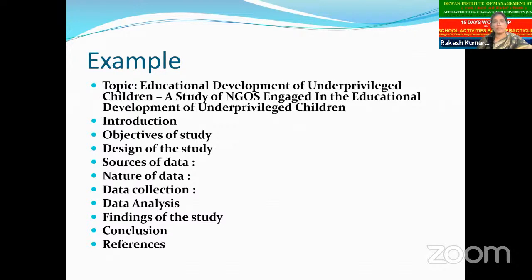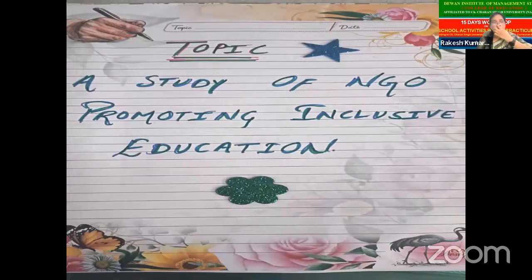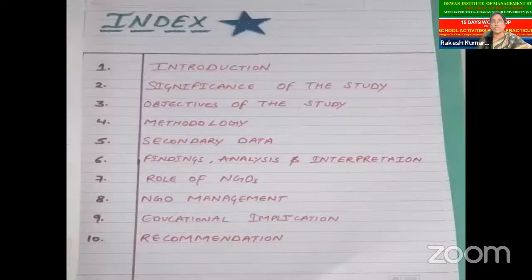Now you can see the example of inclusive education, which was made by one of our students. The topic: a study of NGO promoting inclusive education, and the index. In the index, you have to write introduction, significance of the study, meaning why you are doing this study and what is the importance of the study, and the objectives of the study, methodology, secondary data, findings, analysis, and interpretation.